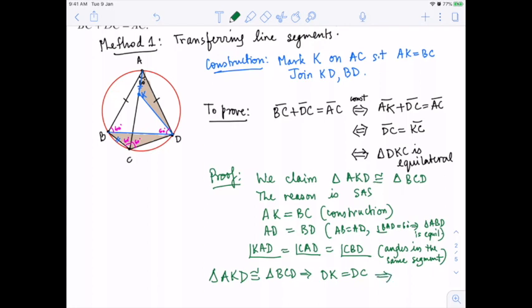So in KCD we have proved it's isosceles, and one angle is 60. So therefore, triangle DKC is equilateral, and hence we have proved whatever we set out, and we are done. Okay, we wanted to prove triangle DKC is equilateral, and we have indeed proved it by spotting the congruency of the triangles AKD and BCD.